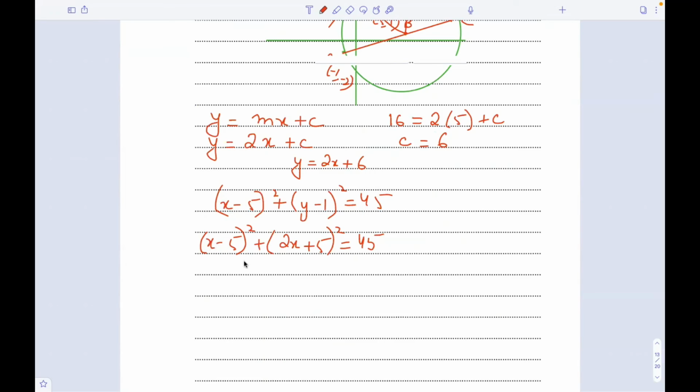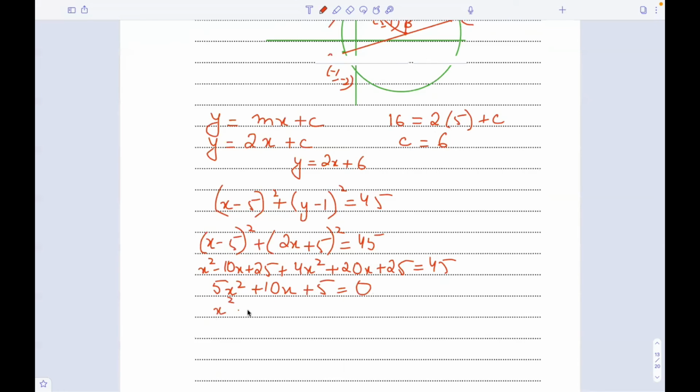Now expanding this equation, we get x squared minus 10x plus 25, plus 4x squared plus 20x plus 25, equals 45. Simplifying, we get 5x squared plus 10x, and 25 plus 25 is 50. 50 minus 45 is plus 5, equals 0.